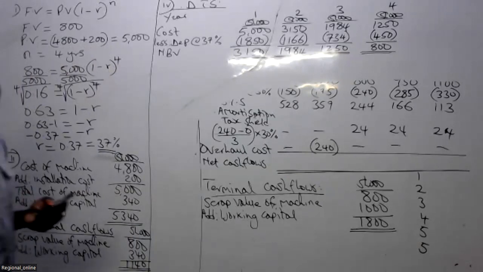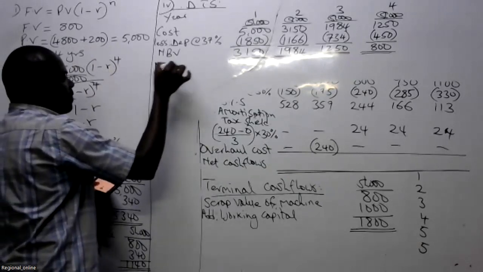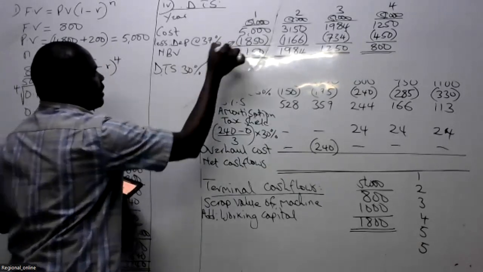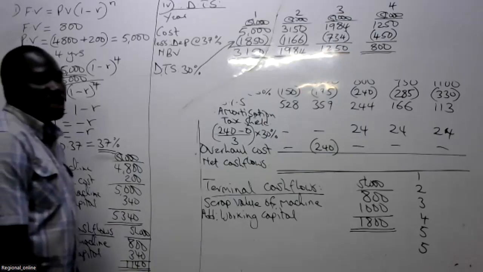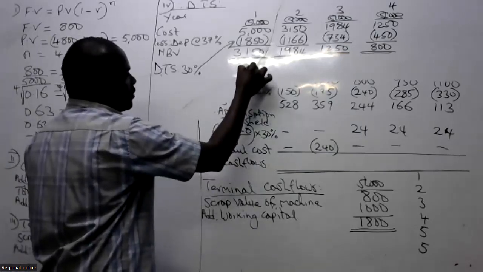Haya, sawa. So can we have our DTS? 30% of the depreciation. So 30% of 1850, 555.